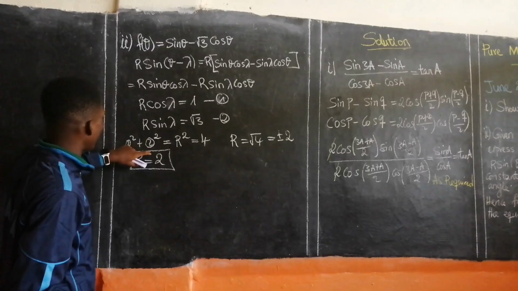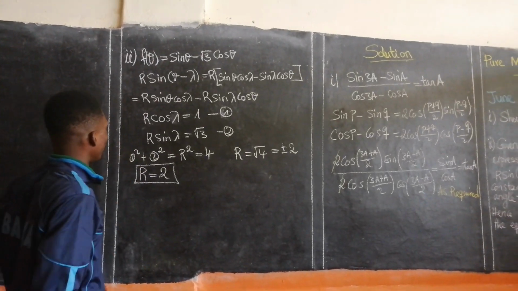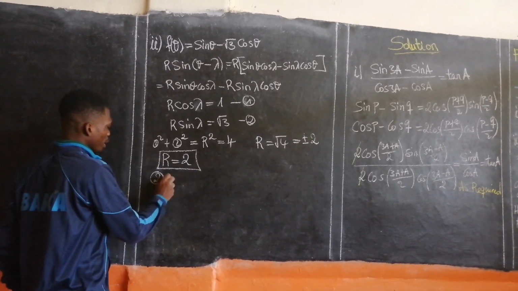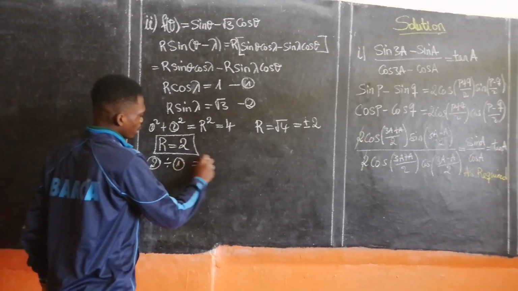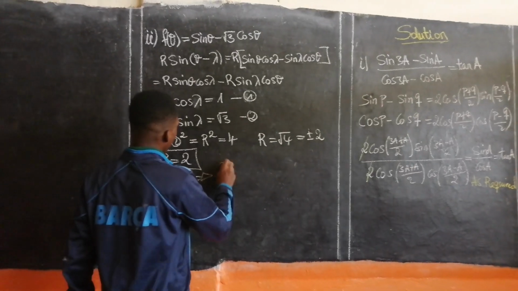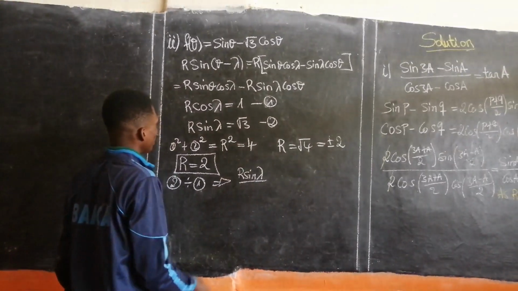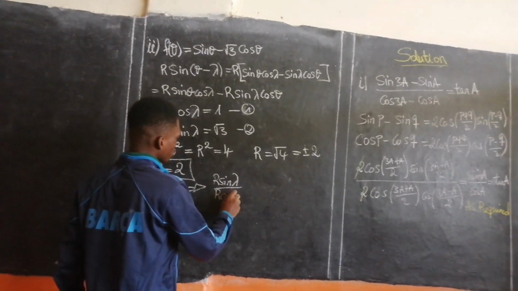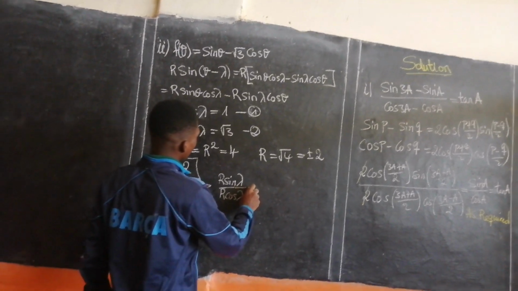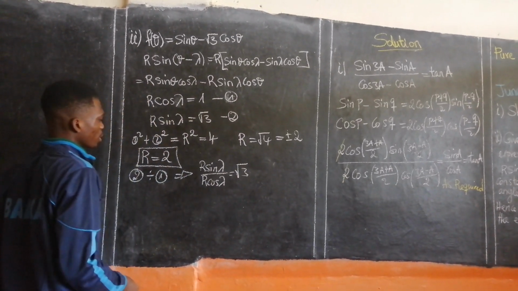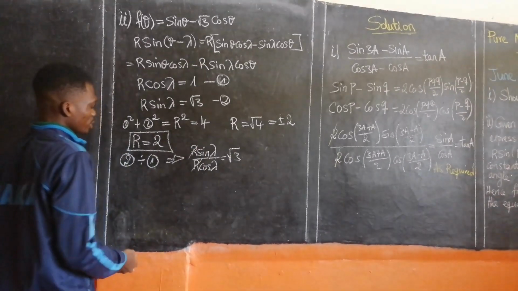Now we use the value of r to find the angle lambda. We can divide equation 2 by equation 1, and this gives us r sine lambda divided by r cos lambda equal to root 3. Very good. And so the r cancels off.